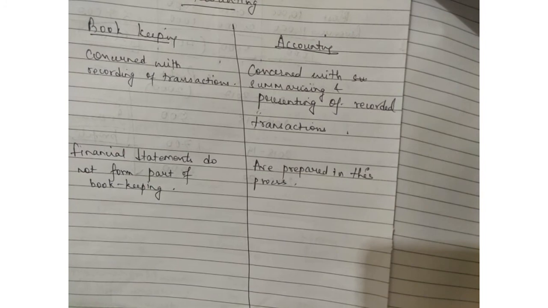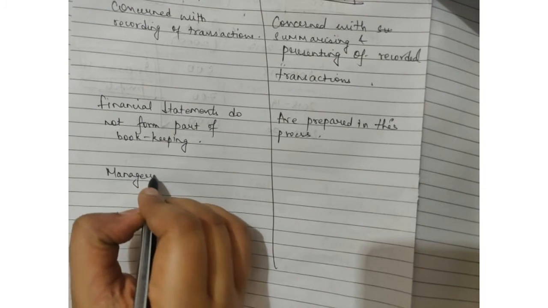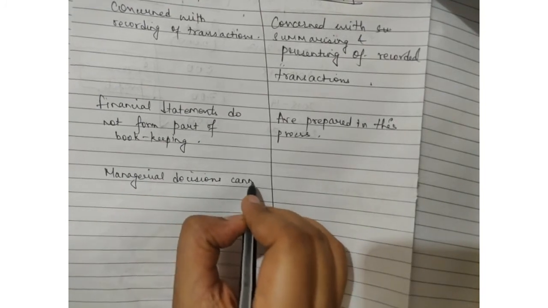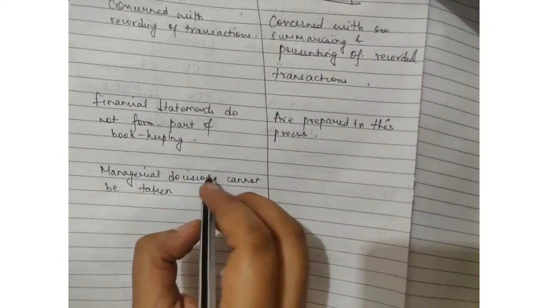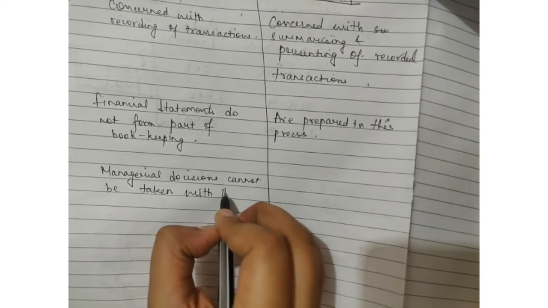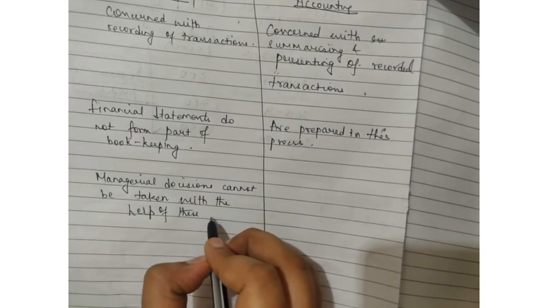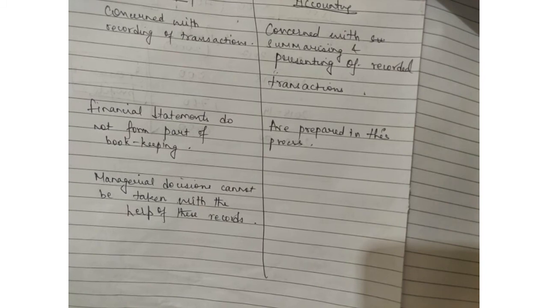Now, since bookkeeping is only concerned with recording the transactions, managerial decisions cannot be taken with the help of these records. But we have already discussed that accounting is not just concerned with recording the transactions, it goes much beyond. We determine the net results, we have cost accounting, management accounting, and so on.